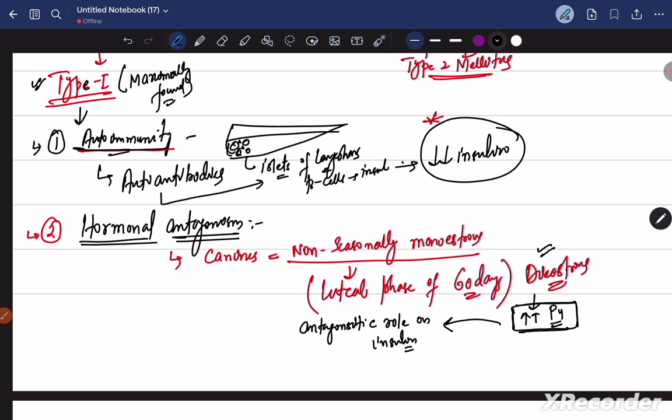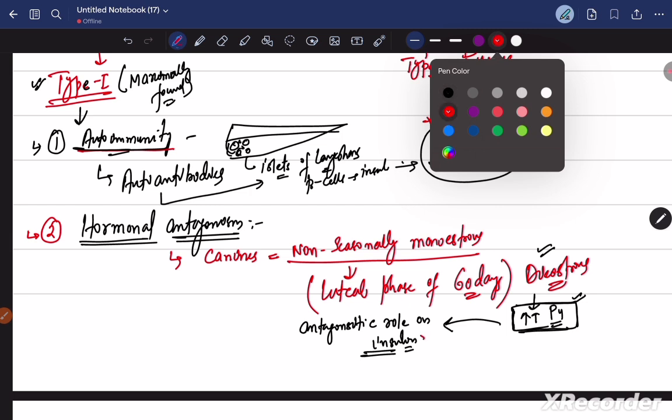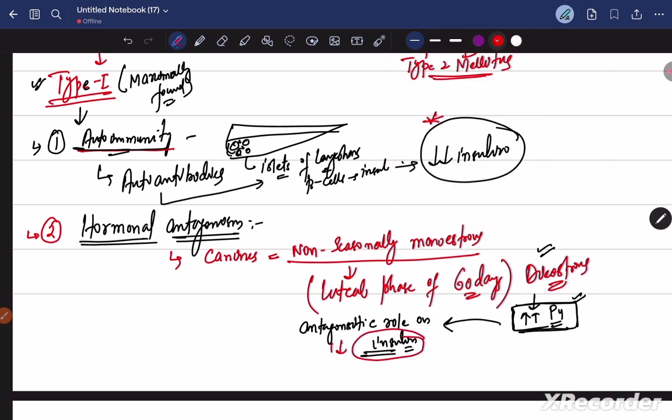Why? Because there is increased production of progesterone, and this progesterone has an antagonistic role on insulin. Let us star it. So this is the second reason that will lead to a decrease of insulin in canines.